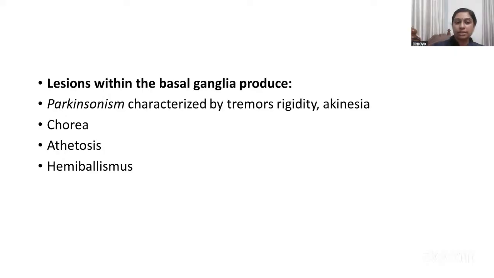Athetosis is somewhat like chorea, an involuntary movement of the body. Hemiballismus is a violent, jerking, involuntary movement happening to one leg or arm. Hemi means half, so either one leg or the arm is affected, showing involuntary rapid movement. So these are all features of basal ganglia lesions.